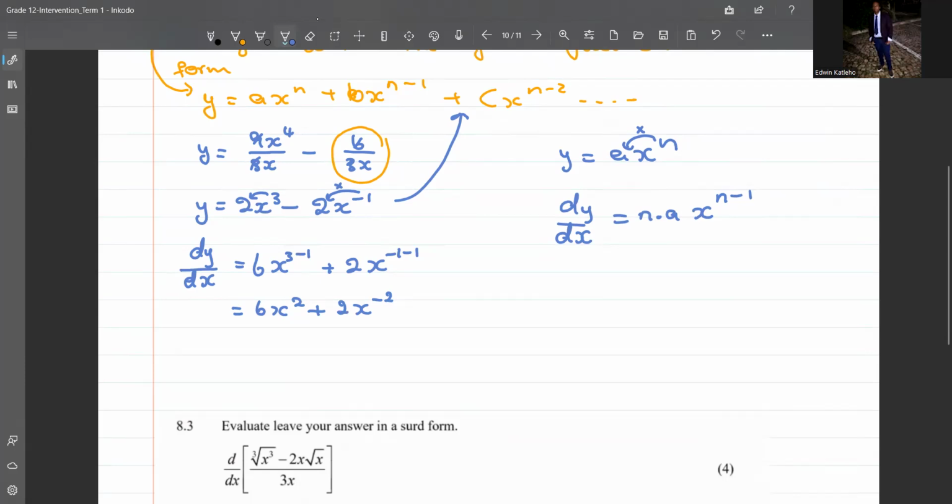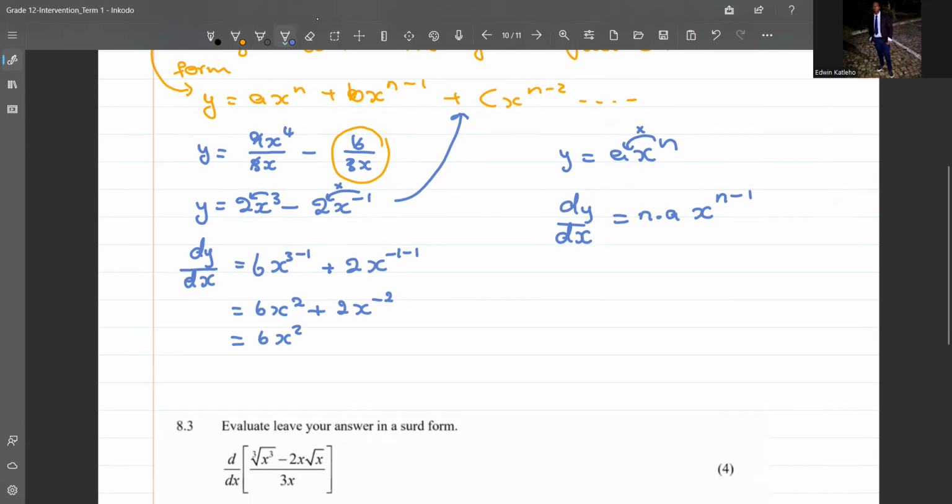Preferably, always write your final answer with a positive exponent. Remember, for us to end up with x to the power of -1 is because x was a denominator. So we end up with x to the power of -2. It means this x to the power of -2 has to go back to being a denominator. So you'll have 6x to the power of 2.